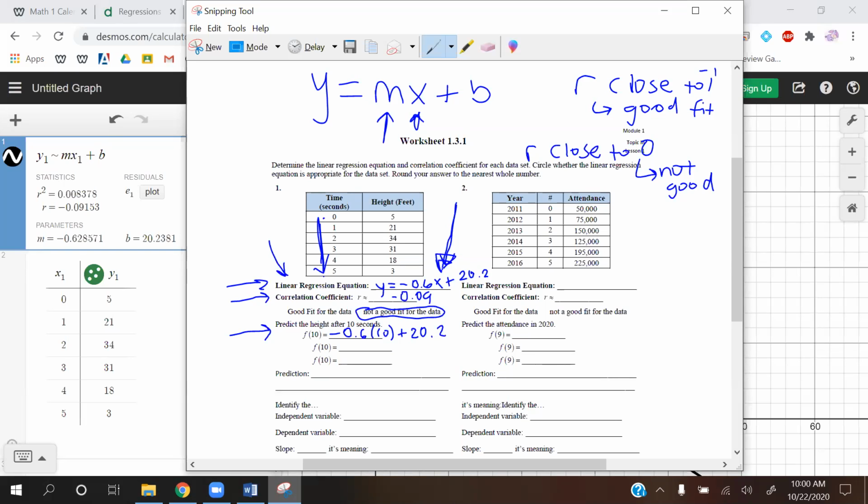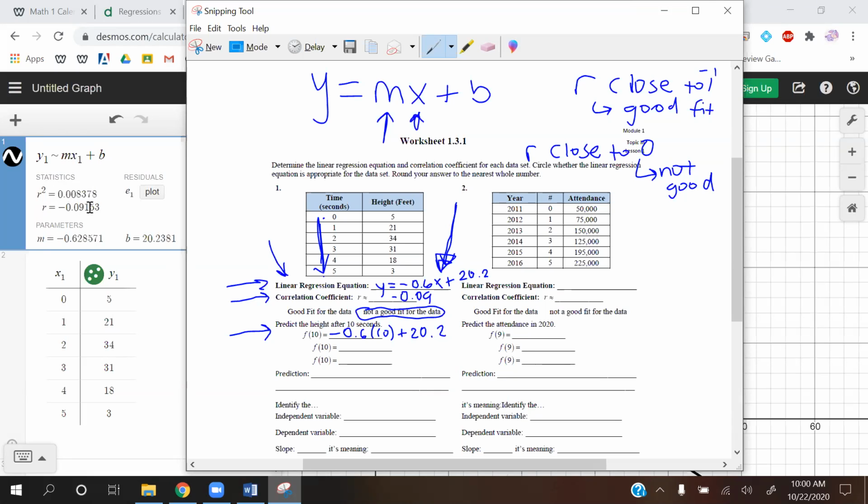How did I get 0.09? Okay, so somebody asked me how I got the R, 0.09. Can you see my mouse? It's right over here on Desmos. Does your Desmos say something else? Okay, that's fine.